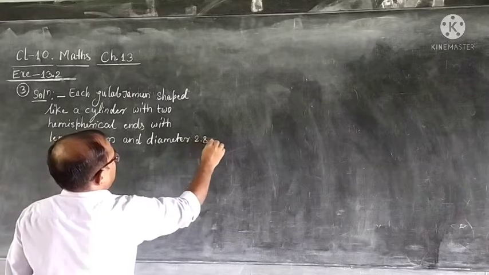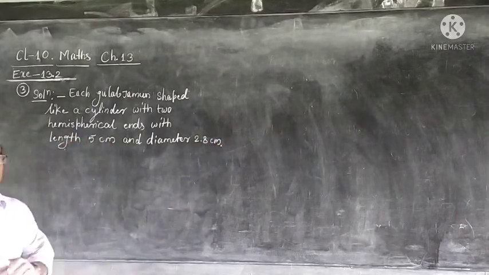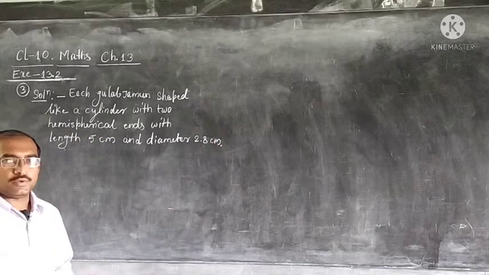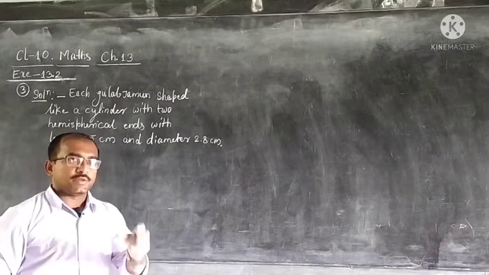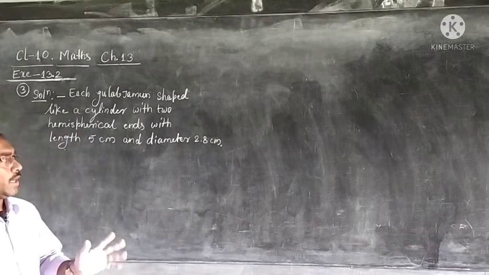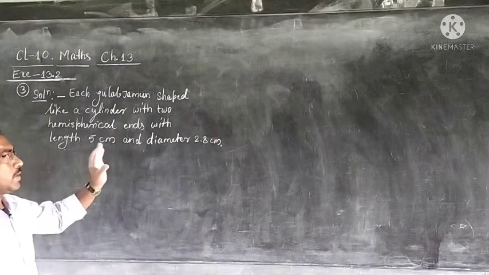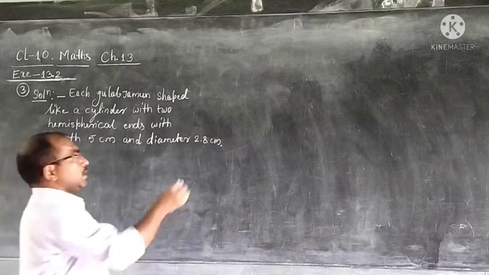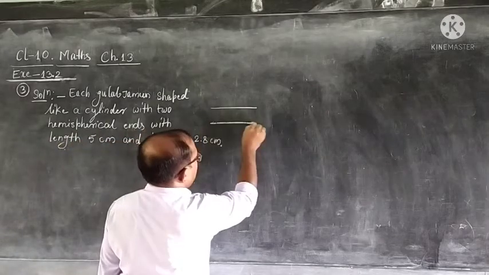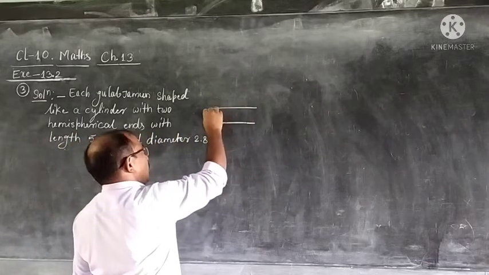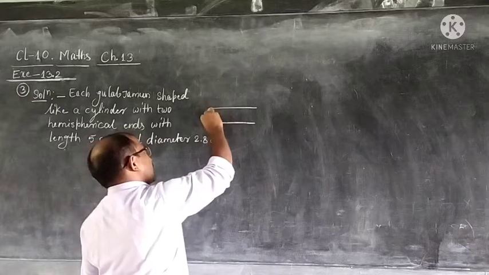We all are familiar with gulab jamun, it is a very delicious sweet item. Usually we see it in spherical shape, but this gulab jamun has a special shape. How is that? It is cylindrical with 2 hemispherical ends.